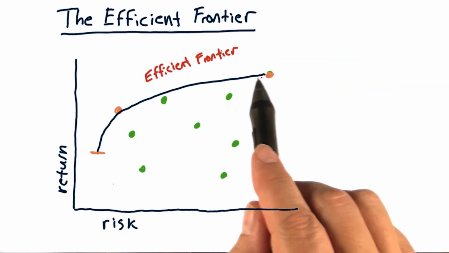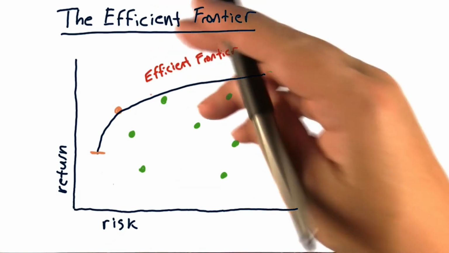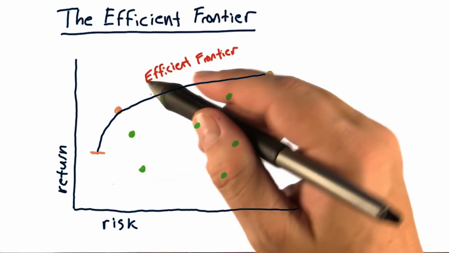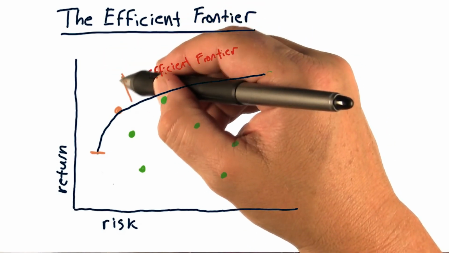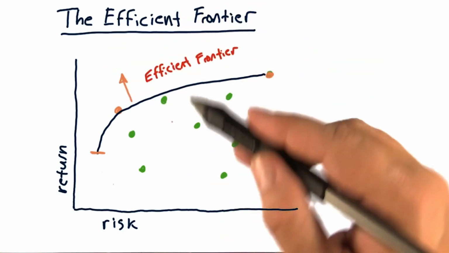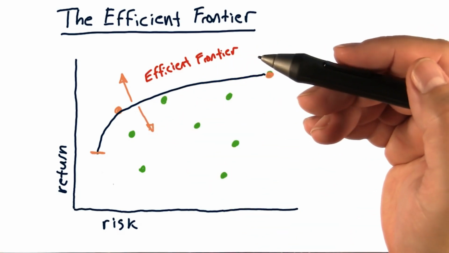As you might have guessed, the name of this line is the efficient frontier. So what does that mean, the efficient frontier? Well, it means that there are essentially no portfolios out here, and that any portfolio that's on this side of the frontier, it's suboptimal in some way.